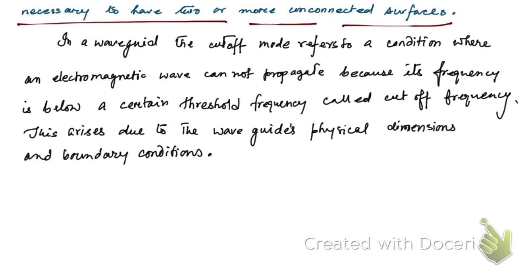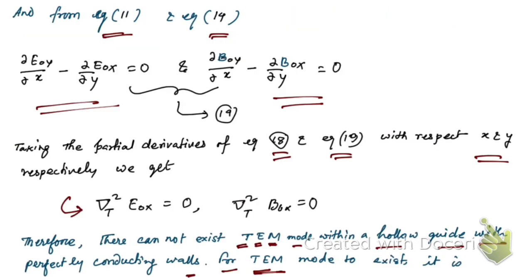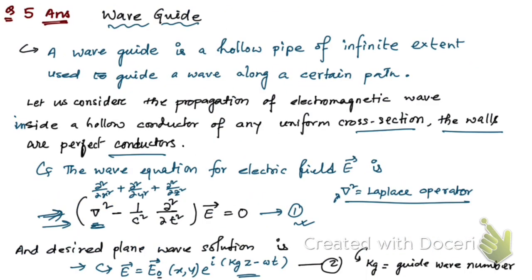Now the last part of the question was why this cutoff mode arises, that is because of the dimensions and the boundary conditions of the waveguide. So let me show you again.